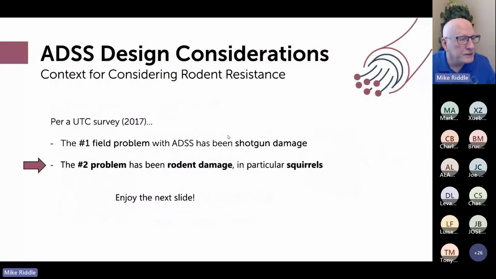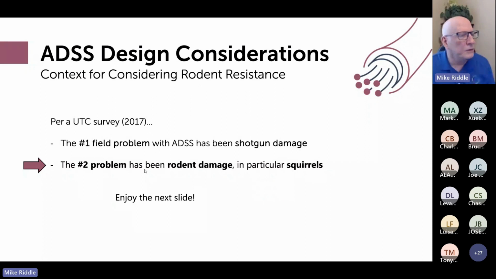And then to give context for why you would consider the fiberglass rods, the UTC, the Utility Technology Conference, did a survey in 2017, and the number one field problem with ADSS, the number one thing that was damaging cables in the field was shotgun damage. Hence my desire for a shotgun resistant ADSS cable. It's kind of the holy grail of ADSS cable design at this point.